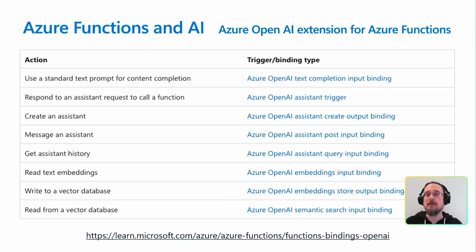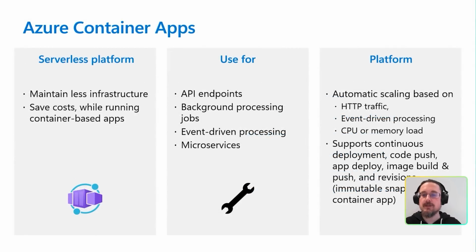So here you have input bindings, you have triggers if an assistant does something and so on, or maybe if you do something with an embedding when you're making your content searchable. So you can see how this doesn't have to be hard. Combining Azure Functions and Azure OpenAI, I would argue, is being made a lot easier by these triggers and bindings existing. So check those out if you're interested in that combination.